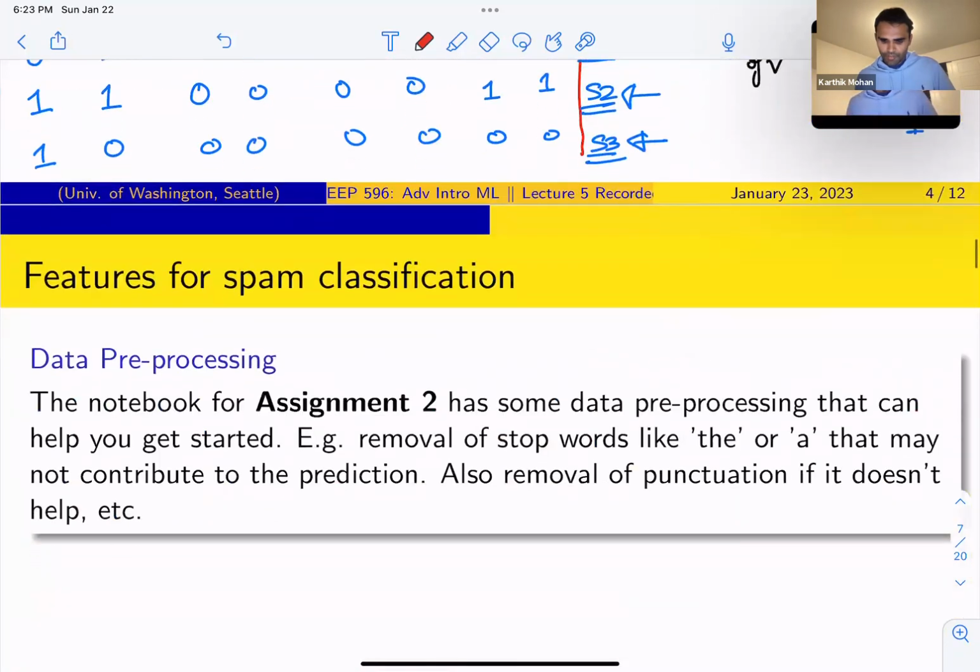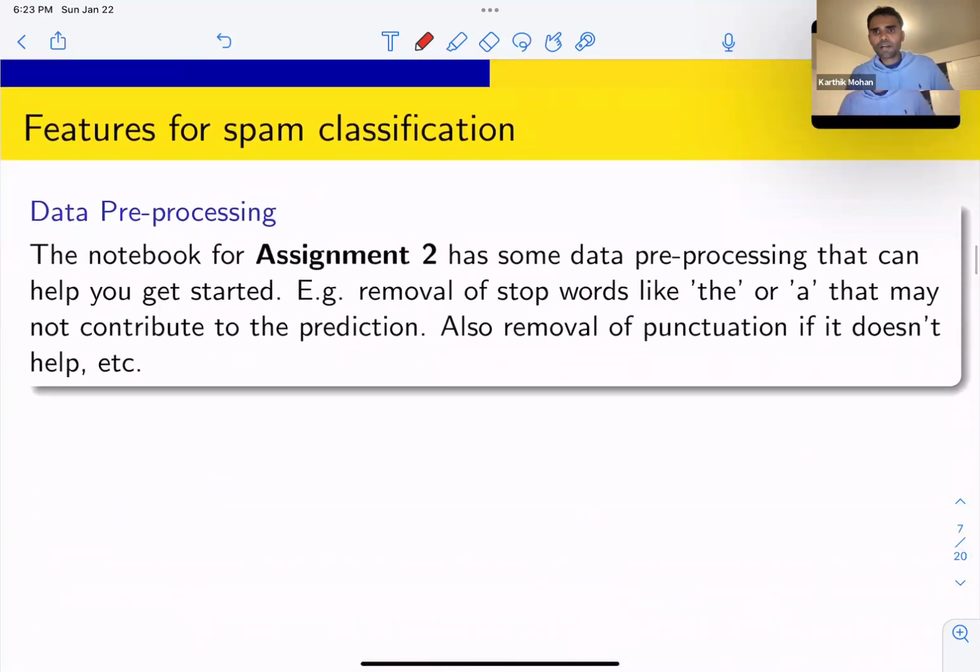All right. So most of you by now, if you're seeing the video right now, might have already taken a look at assignment 2 and gotten started with it, or even had a result on the Kaggle contest related to this. Some of the data pre-processing that you may want to do includes removal of stop words. For instance, articles like "the" and "a" or other filler words may not actually contribute to the prediction. There are libraries in NLTK, the Natural Language Toolkit, that can help you with stop word removal.